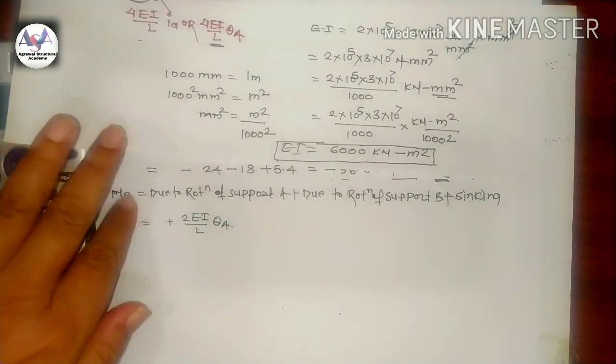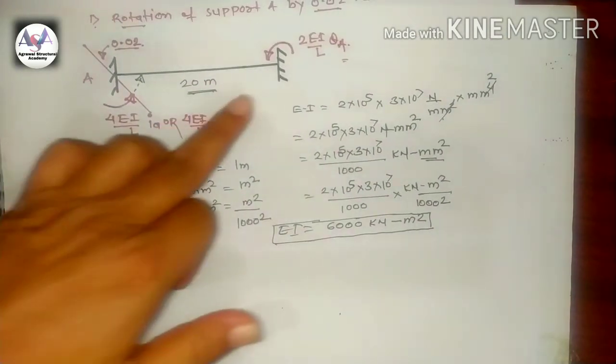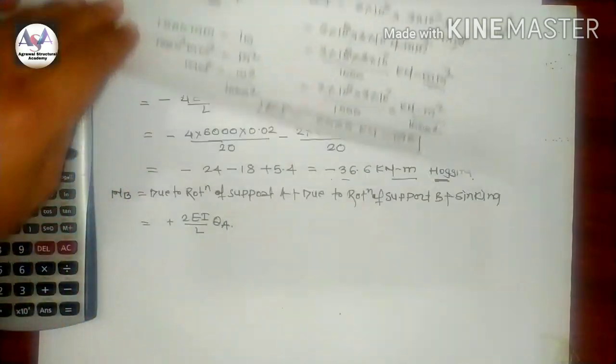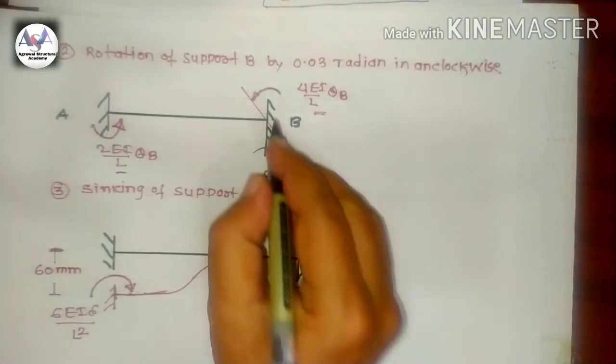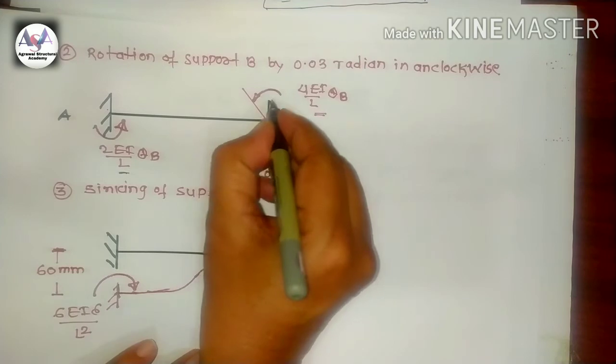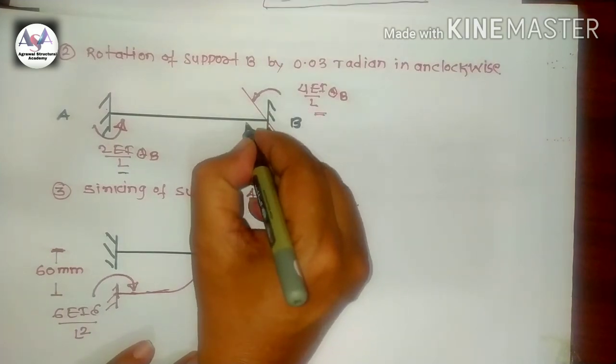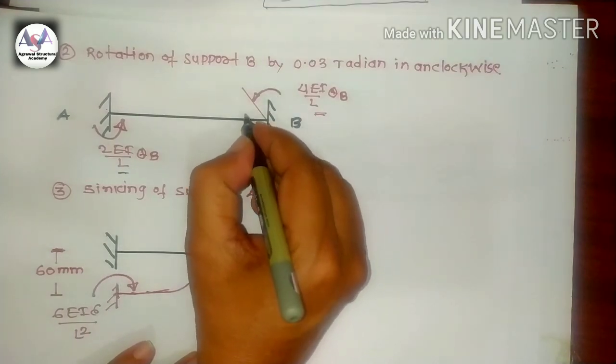This is the first. The next is here at B. How much is this? This also tries to push this downward, so that is again the sagging moment, so it is a plus.